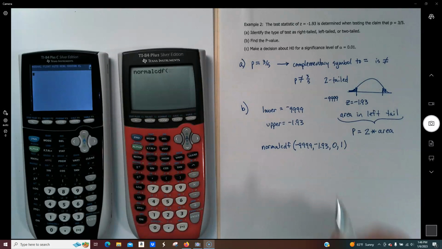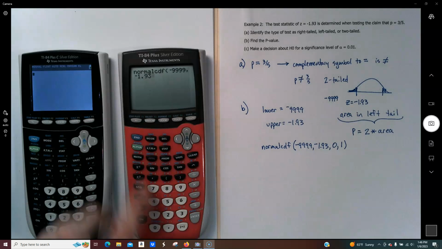When typing these in, make sure to use the negation button, not the subtraction button. So, negation, 9999, comma is above the 7. Negation, 1.93, comma is above the 7. Mean of 0, comma, standard deviation of 1.